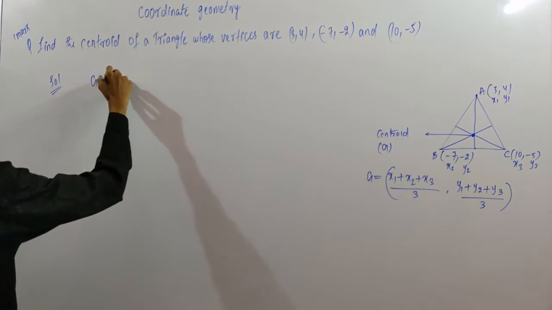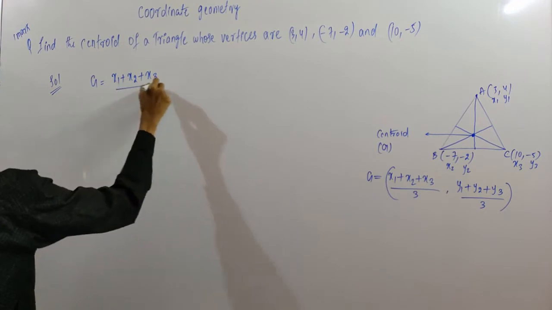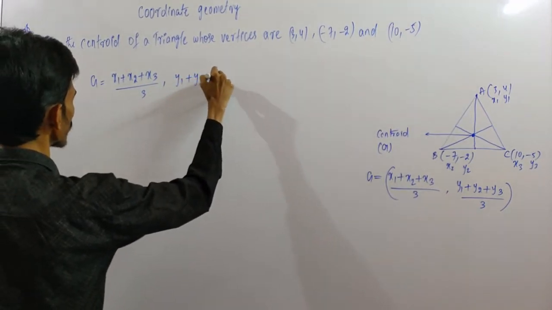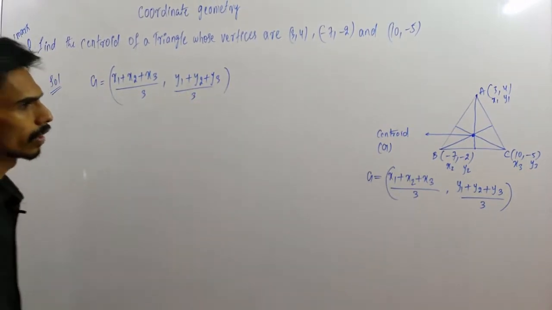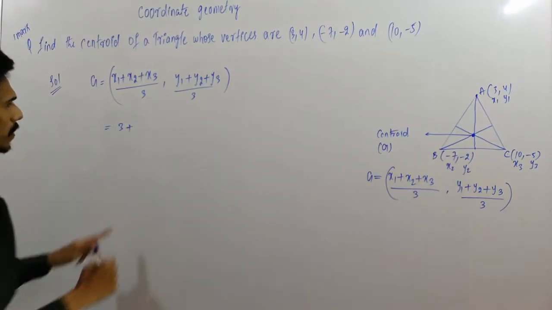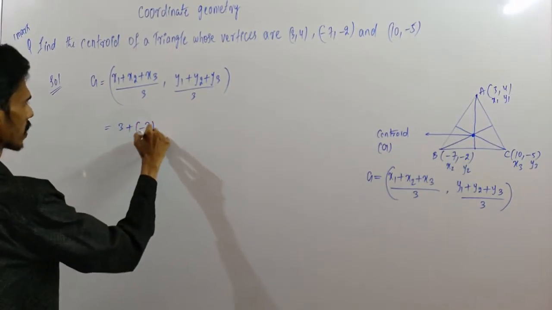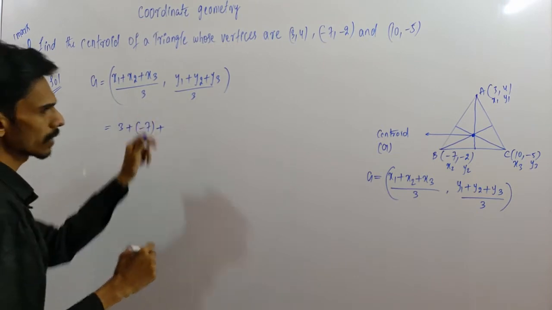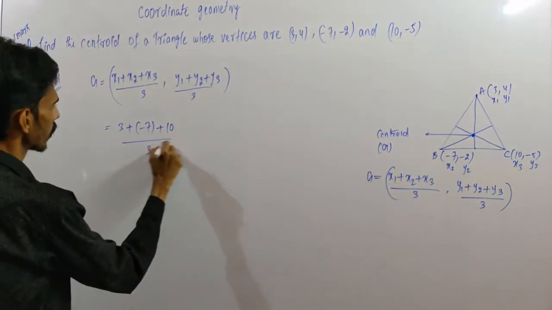Now G is equal to ((x1 plus x2 plus x3) divided by 3, (y1 plus y2 plus y3) divided by 3). Now we have the x1 value is 3 plus the x2 value is -7. So take -7 with a bracket, plus x3 value is 10, divided by 3.